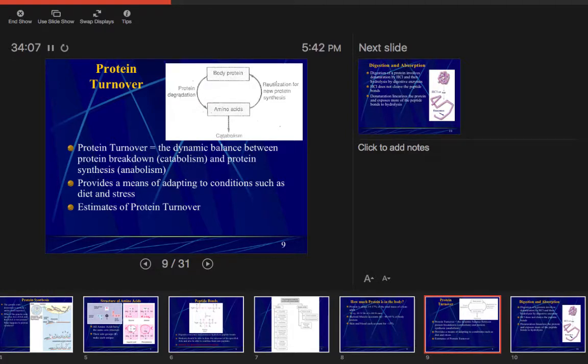Because we reutilize amino acids. That reutilization of amino acids tends to be the most significant amino acid source for protein synthesis. So the most important source of amino acids for protein synthesis are endogenous amino acids.